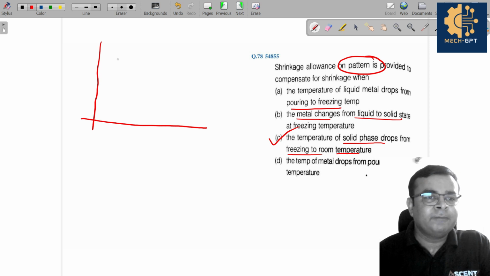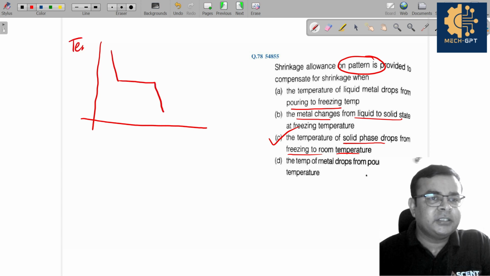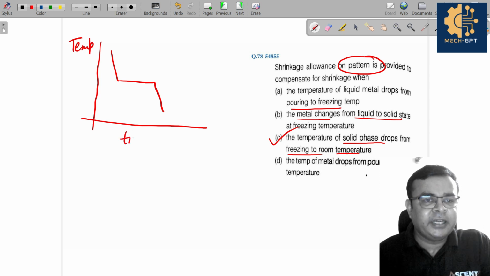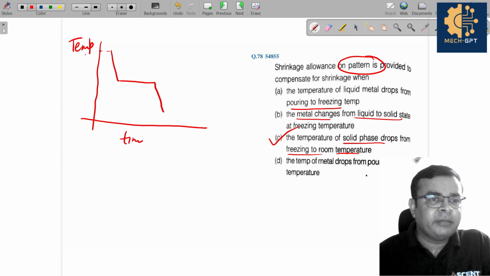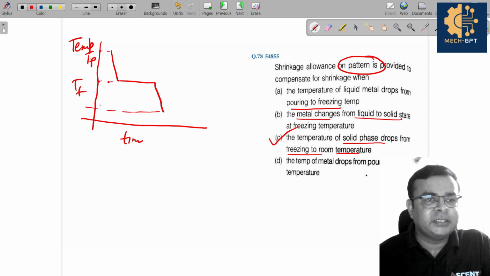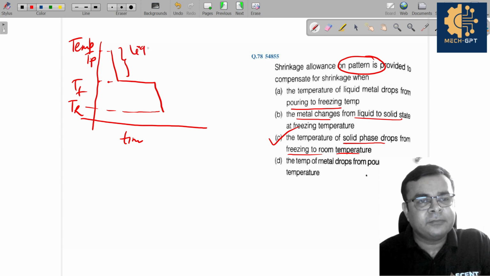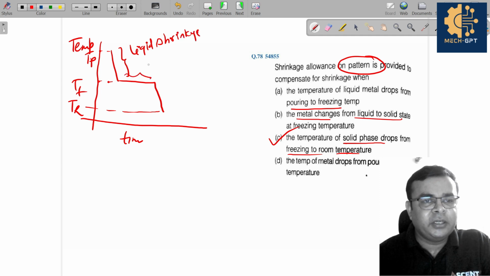You can see here, if I draw the cooling curve for the metal, this is temperature and this is time. The temperature corresponding to this is pouring, this is freezing, and this is room temperature. Is it clear? First this is called liquid shrinkage, and this is solidification shrinkage.